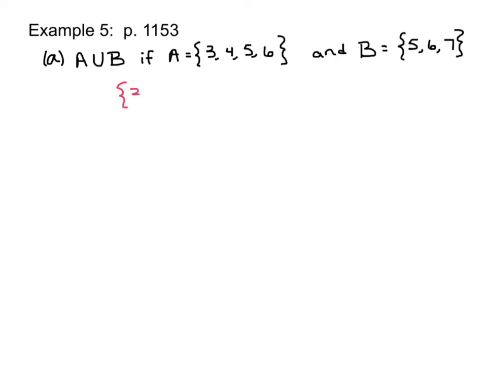So 3 is in A, 4 is in A, 5 is in A and in B. We're still only going to write it once. 6 is in A and B. We write it once. And then 7 is in B. So it's the combination of the two together. Just make sure you don't repeat numbers. If it's in both, you still only write it once. So that's equal to the union of A and B.